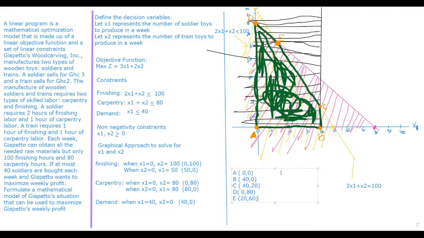So which function are you going to use? Remember, we formulated the objective function: maximize Z. So you are going to use this function. The x1 will be the first value before the comma, and the x2 the second. Then you substitute it into this function.